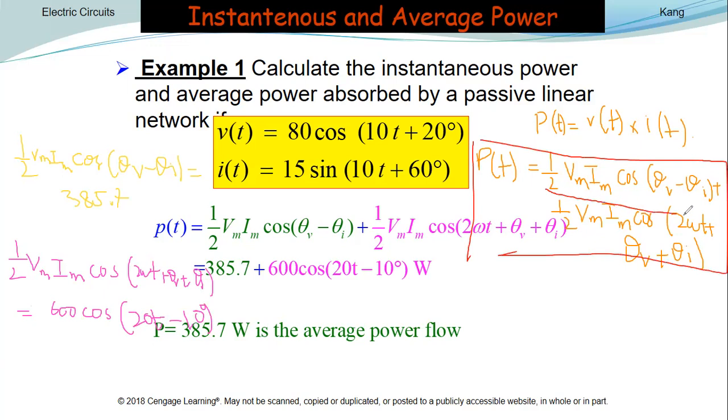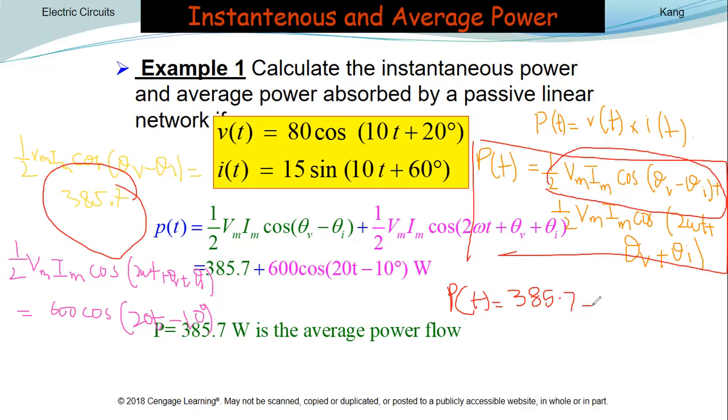So my P(t) value equals, the first part value will be half Vm Im cos theta v, so the value is 385.7, plus 600 cos of (20t minus 10 degree).